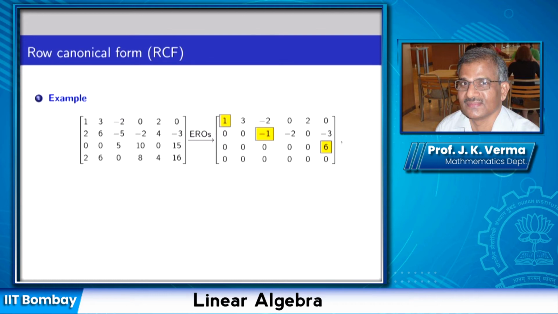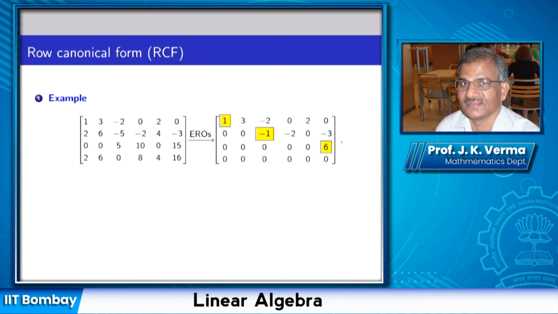The method to do that is you start with the last pivot, 6, and first convert this into a 1 by multiplying this row by 1 over 6, and then add suitable multiples of this to the preceding rows, the second row and the third row. To the second row only, as the first row already has a 0.